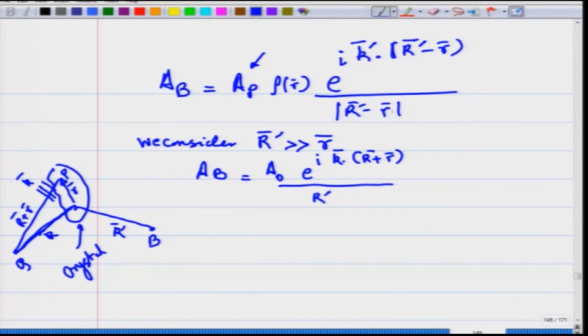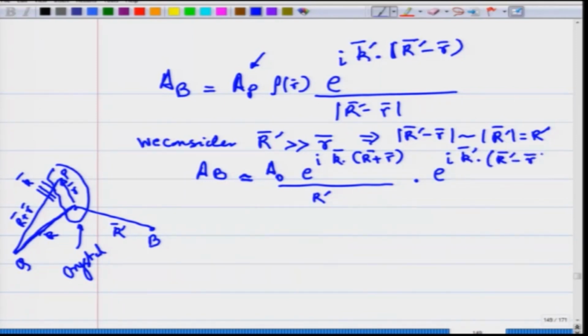I will replace this, this will give r prime minus r. If you work it out a little, you can show it as roughly equal to the magnitude of r prime, which is r prime. So, I approximate it by replacing this with r prime, times e raised to i k prime dot (r prime minus r).